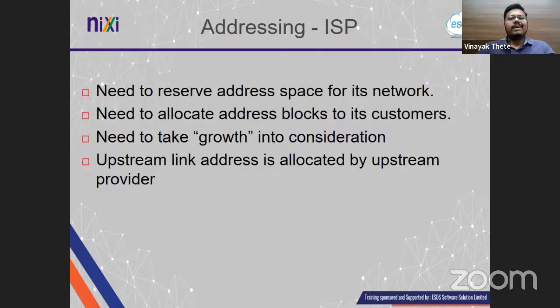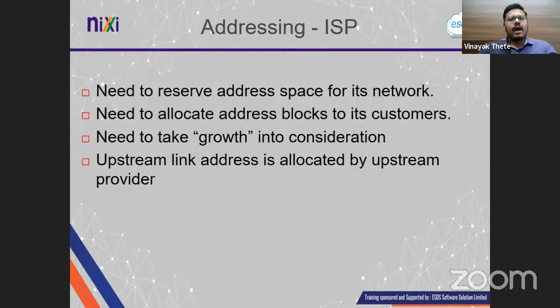So, addressing ISP. How are ISPs taking care of IP addresses when providing them to smaller organizations? Suppose an organization has procured an AS number, and that organization has taken an ISP leased line from one of the service providers. How is addressing done by that ISP?